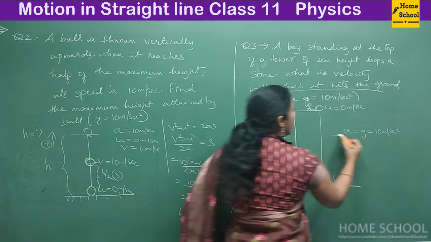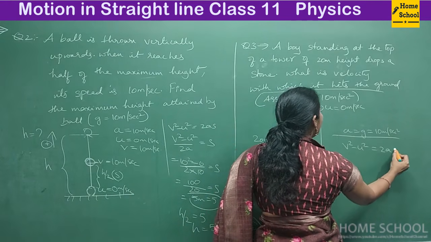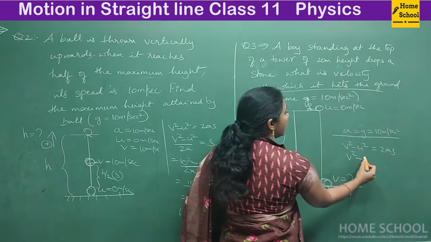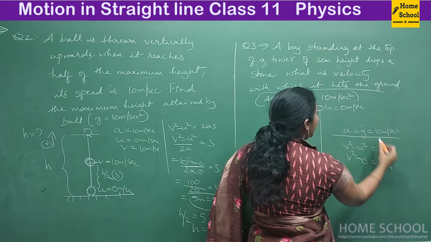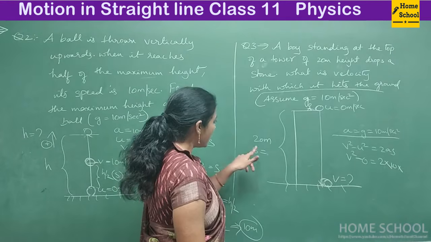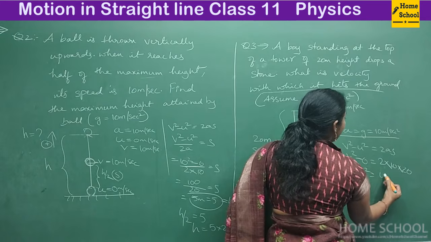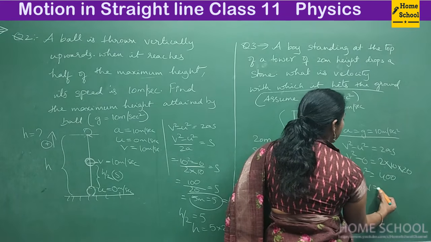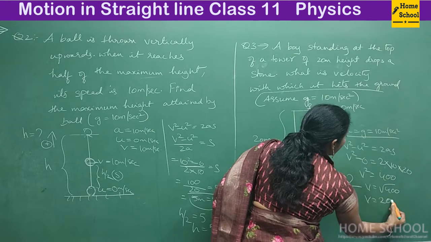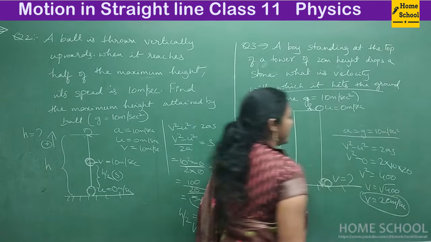So what is the formula you will use? v square minus u square is equal to 2as. So v square minus 0, is 2 into acceleration 10 into displacement 20. So v square is equal to 400. So v is equal to square root of 400, so v is equal to 20 meter per second is your answer.